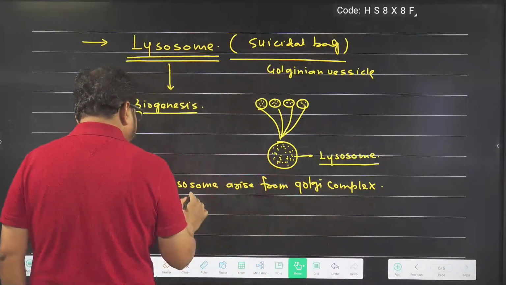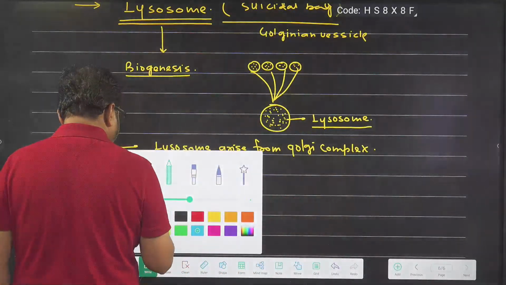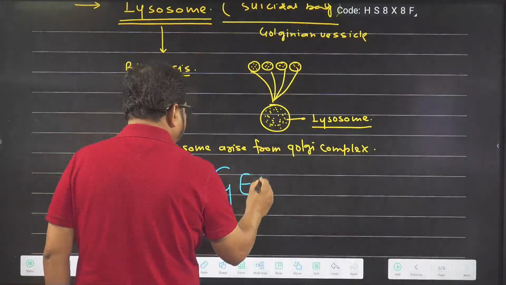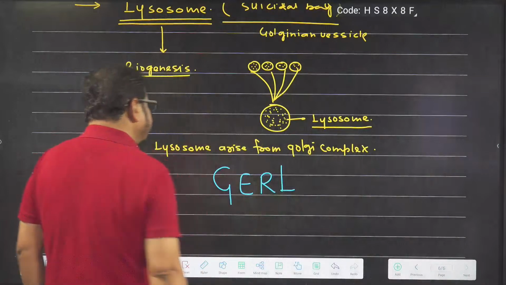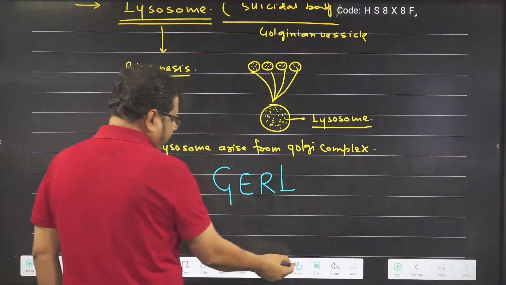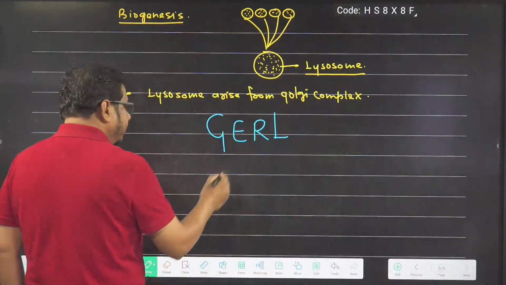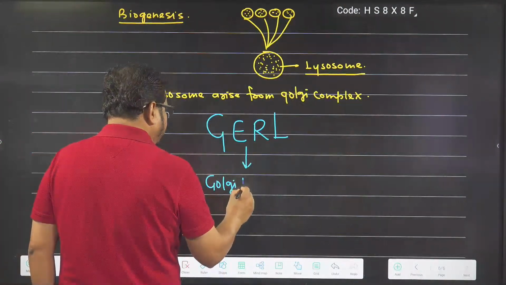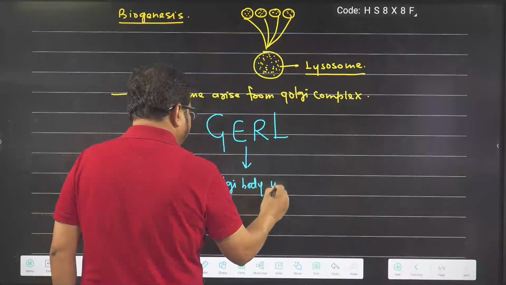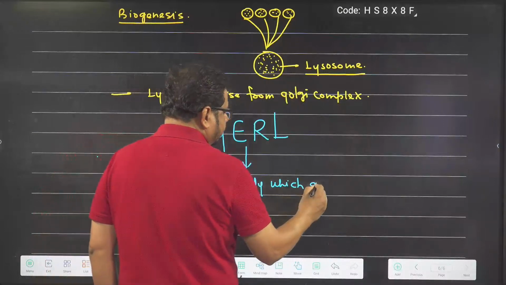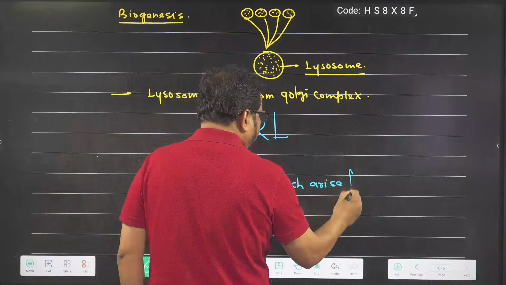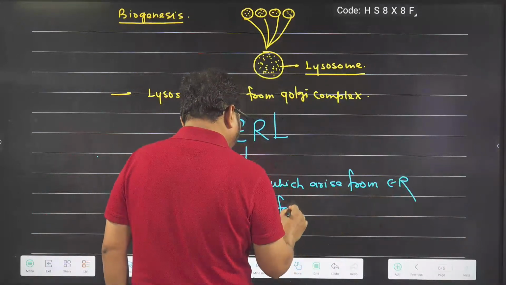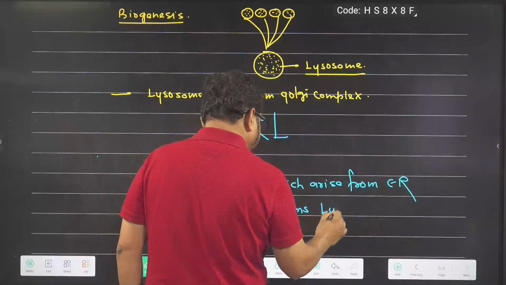And if you want to say somewhat more, you can use a term, GERL. What does GERL stand for? Its full meaning is Golgi body which arises from ER forms lysosome.